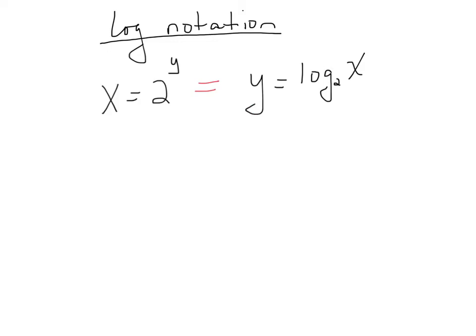They actually mean the same thing. However, this one here is in exponential form. This one here is in log form. And you can hopefully tell the difference between those. The log form actually has the word log. The exponential form has a base raised to an exponent. But these are the same thing.